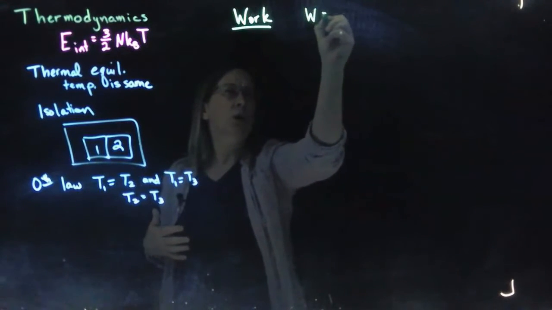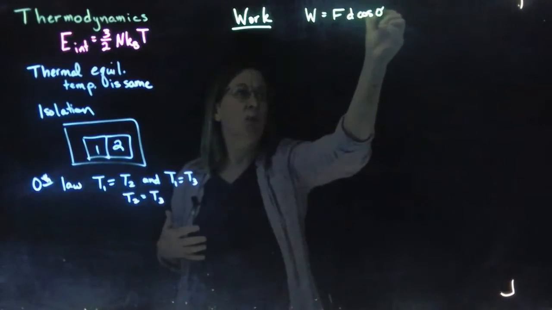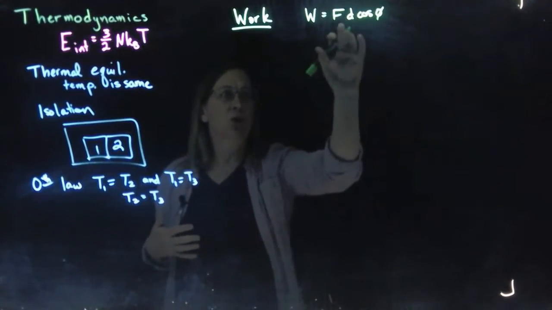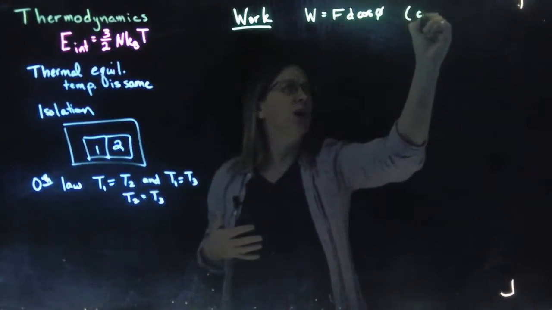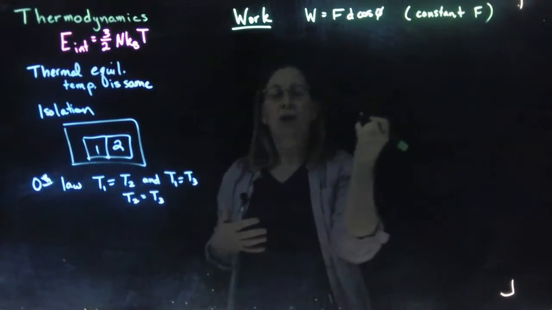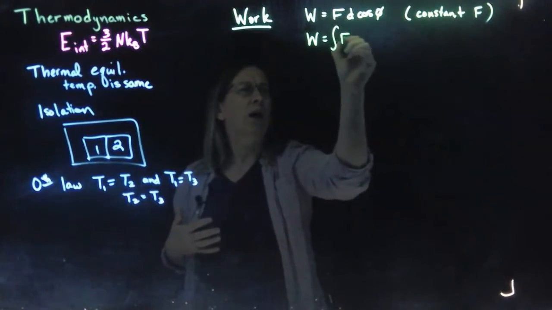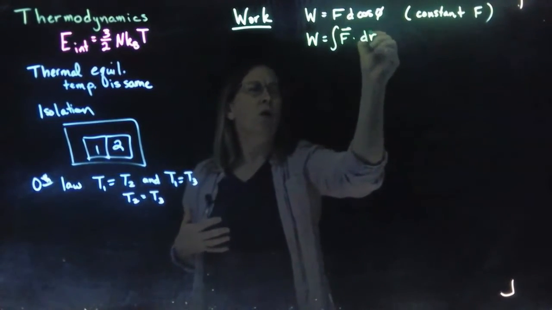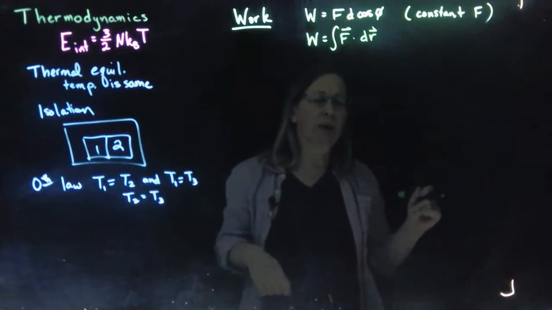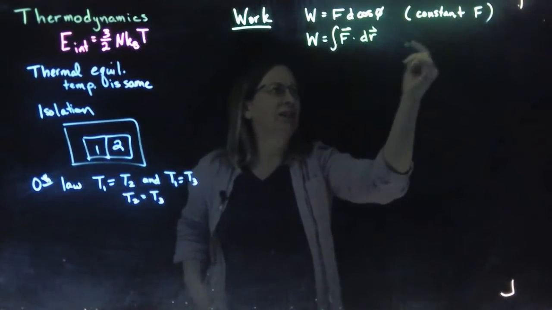We had work was equal to F times D times cosine of the angle between them, or F dot D for constant force. This was for constant force. If we have a varying force, we had work was equal to the integral of F dot dr, or F dot dx, or something like that. And this is the one we're going to be working with.